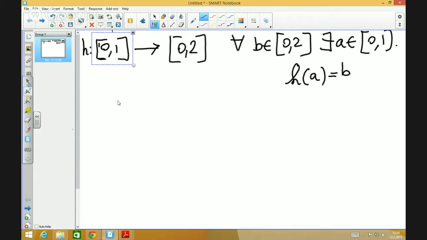In other words, if you think of the function h as throwing darts, no matter what point in the target, the interval 0, 2 you think of, there is always a dart that hits it, and the function h directs the dart.